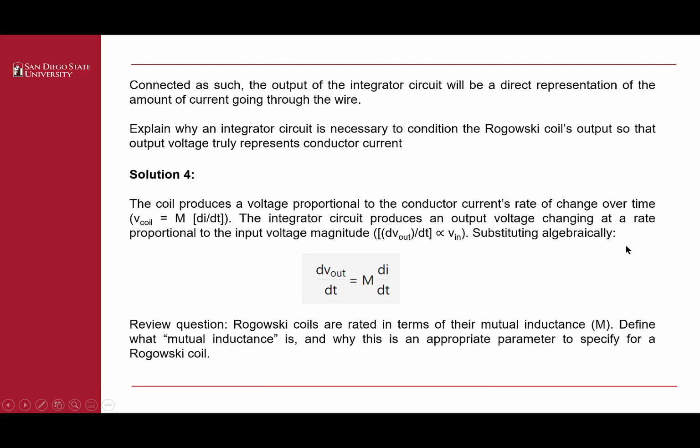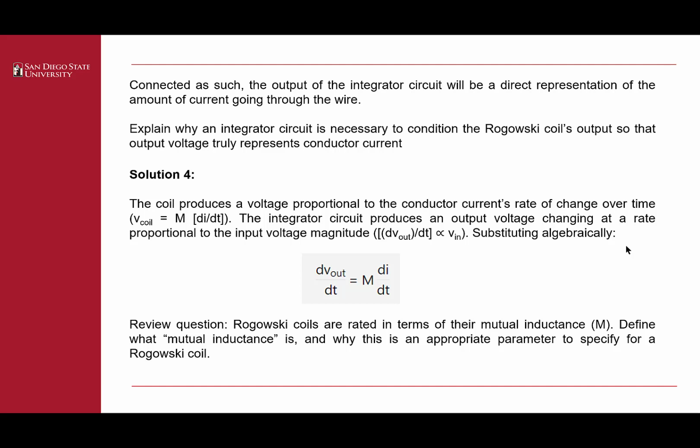Connected as such, the output of the integrator circuit will be a direct representation of the amount of current going through the wire. And the question asks us, explain why an integrator circuit is necessary to condition the Rogowski coil's output so that output voltage truly represents conductor current.